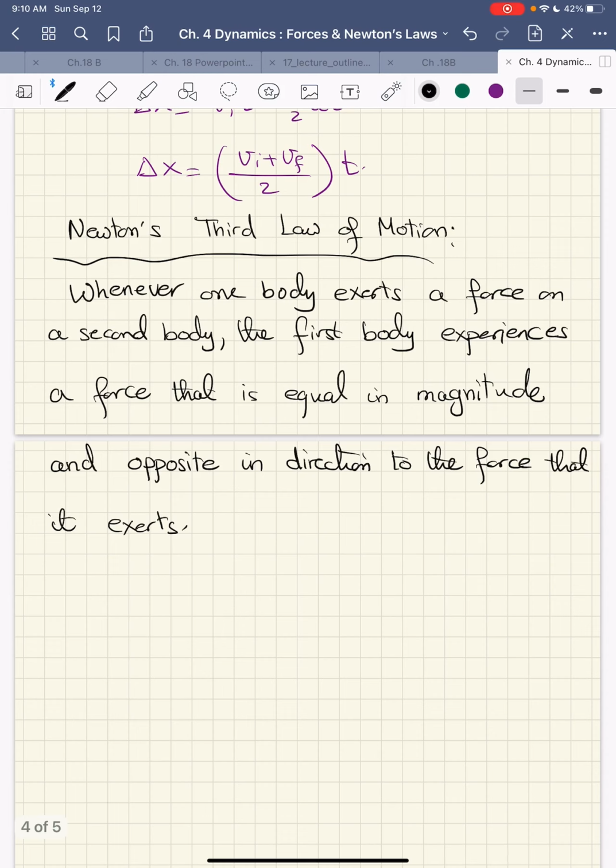We don't have a single force in nature. Forces always occur in pairs. We usually call them action and reaction.